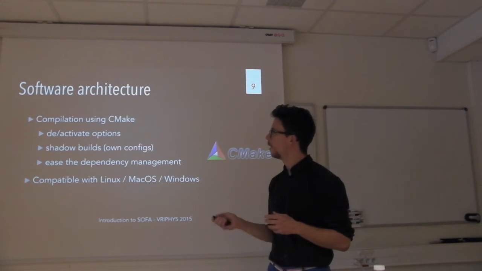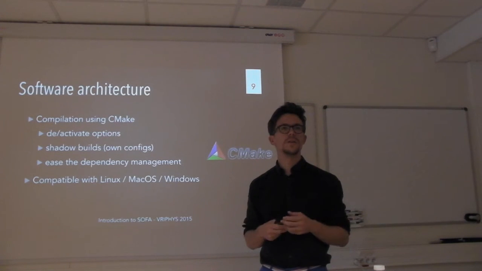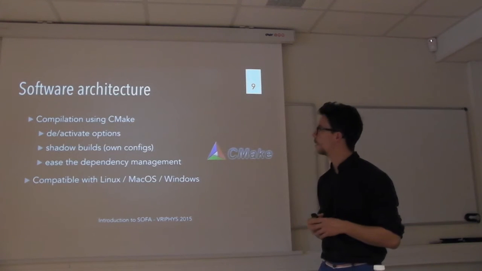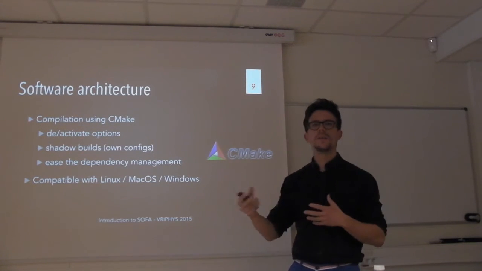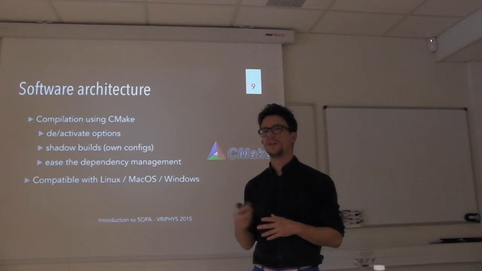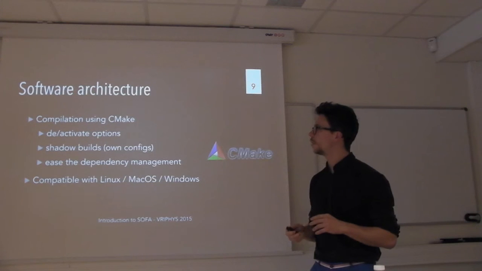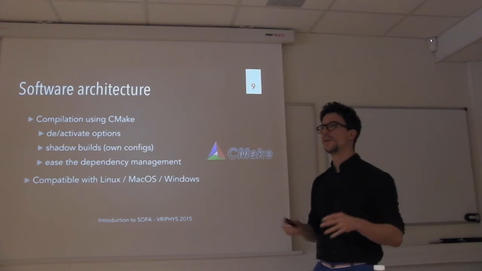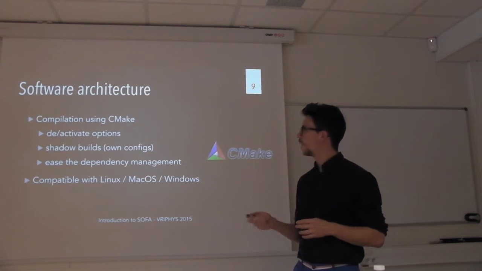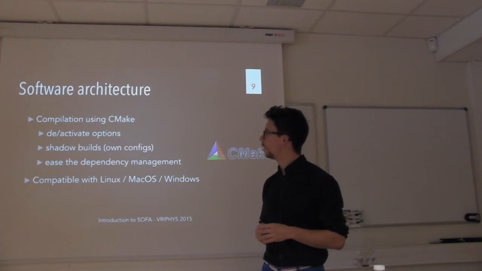So using CMake. CMake is actually quite convenient for working with such a project, because you can activate and deactivate options very easily if you want to use or not use any kind of functionality available in SOFA. You can make different configurations of SOFA as you wish, and it manages dependencies quite efficiently.